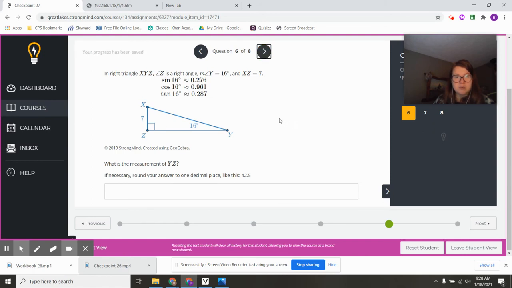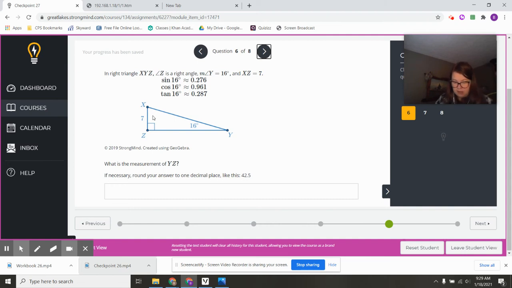And then this one, we want to find YZ. YZ is the adjacent. I'm given the opposite. So according to SOH CAH TOA, opposite and adjacent only have to do with the TOA.